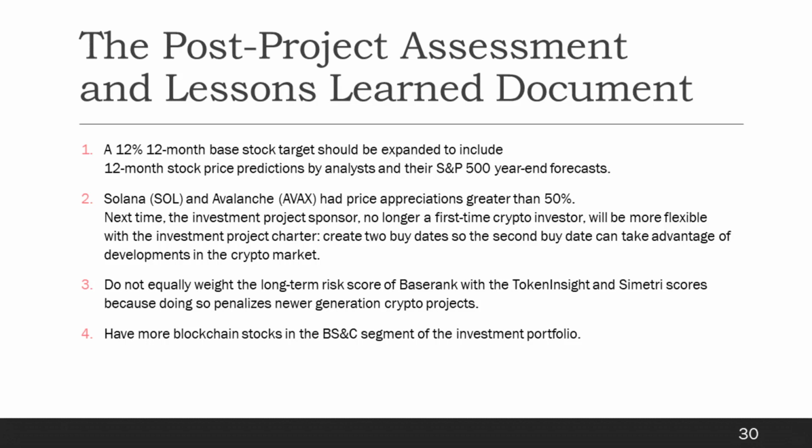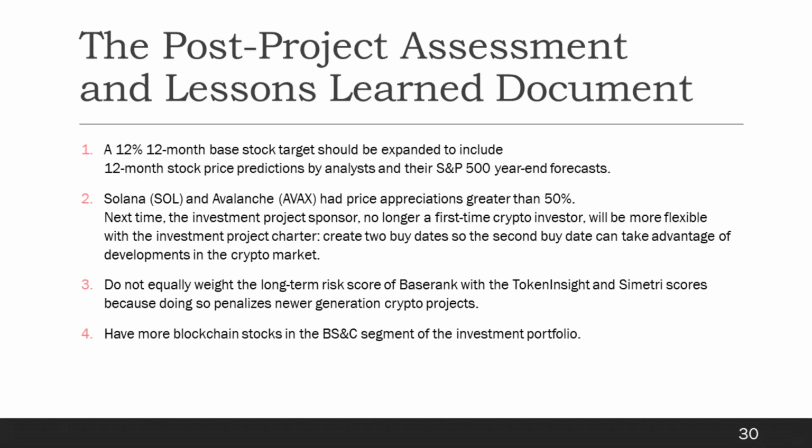I want to bring the 12-month price targets of TipRanks and WalletInvestor.com from the second pass of selecting stocks to the first pass. I want those target percentages, along with the S&P 500 year-end expected percentage increase, to help set the standard stock forecast.